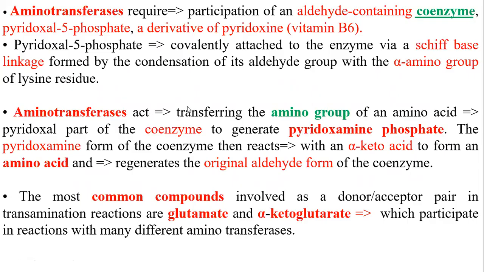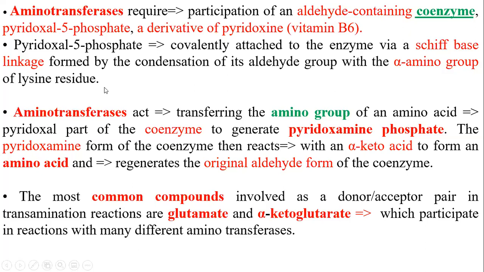Aminotransferases require participation of an aldehyde-containing coenzyme, pyridoxal 5-phosphate, a derivative of pyridoxine, that is vitamin B6. Pyridoxal 5-phosphate is covalently attached to the enzyme via a Schiff-base linkage formed by the condensation of its aldehyde group with the epsilon amino group of a lysine residue.